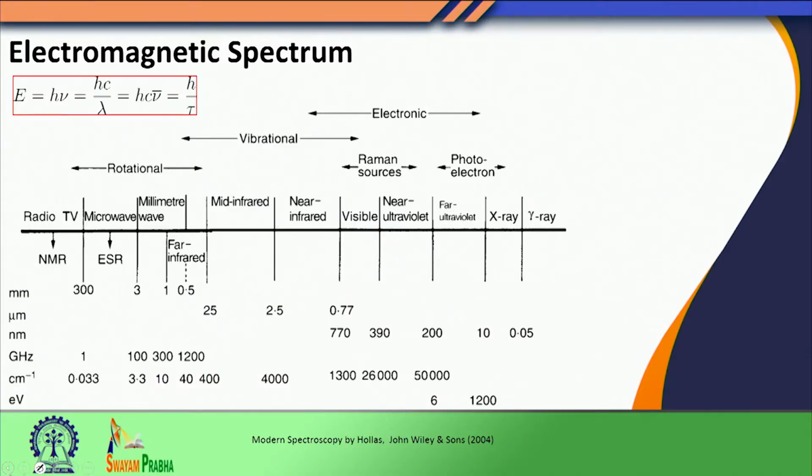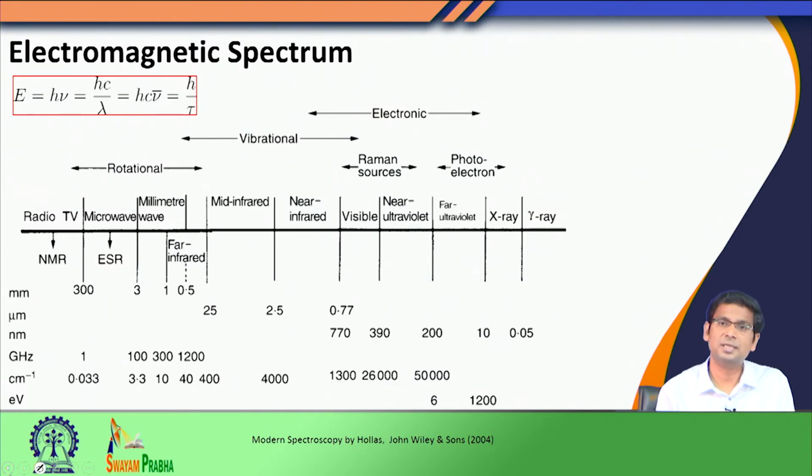But before we look at some spectroscopic methods or techniques, we will first discuss a little more about this electromagnetic radiation, and in particular we will talk about the electromagnetic spectrum. We know that electromagnetic radiation comes in different ranges of energy.